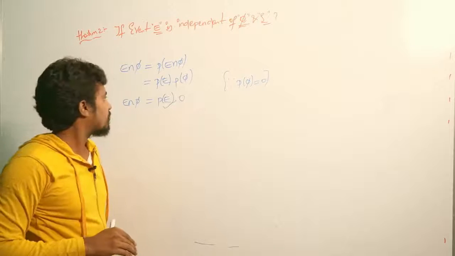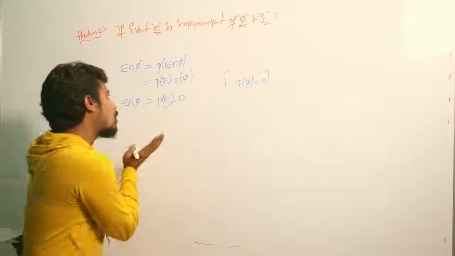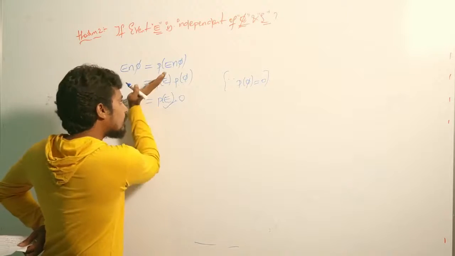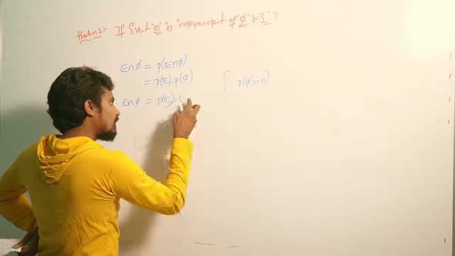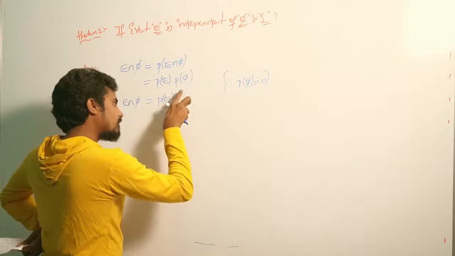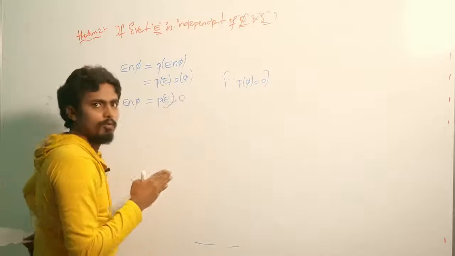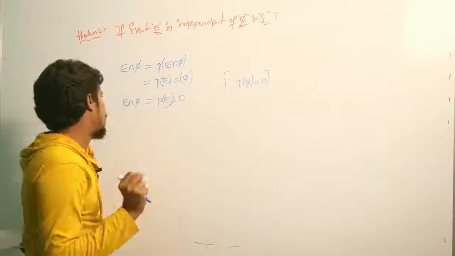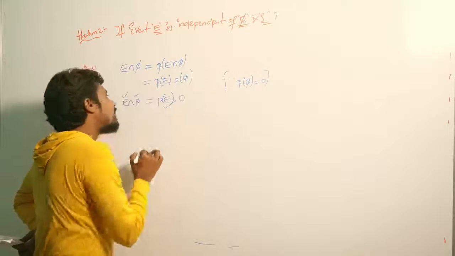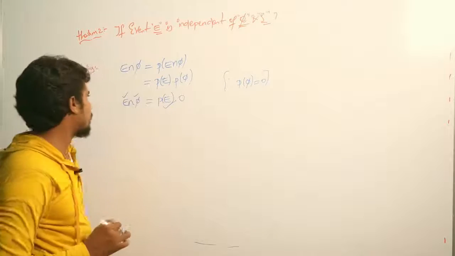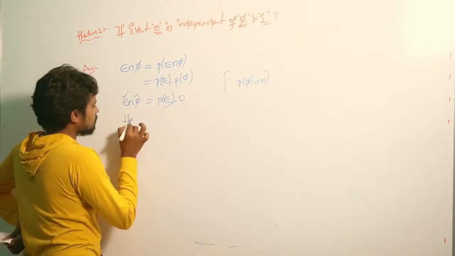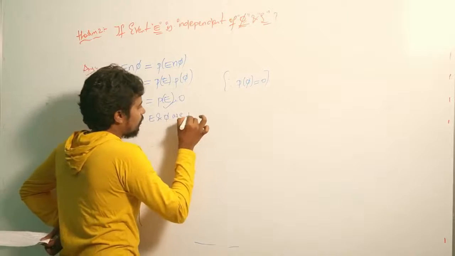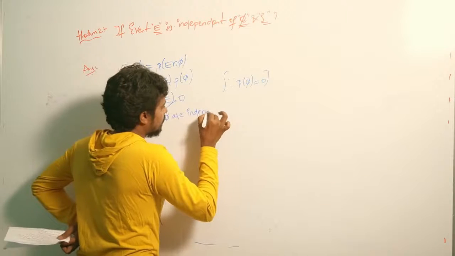Hence, here for P of E we have n number of variables, and here 0 means phi, we will get 0 number of variables. No variables will be present. Hence, this E and phi are independent.